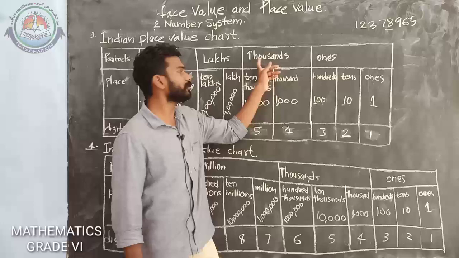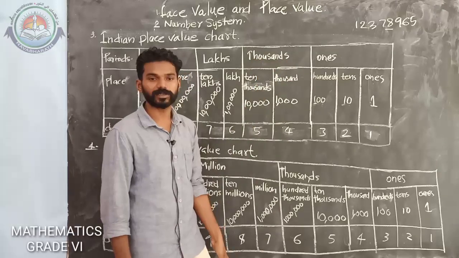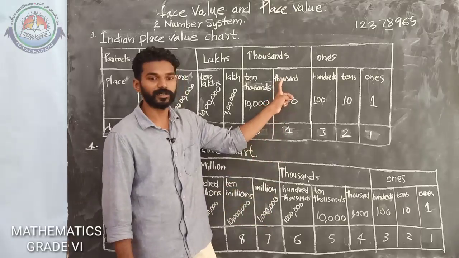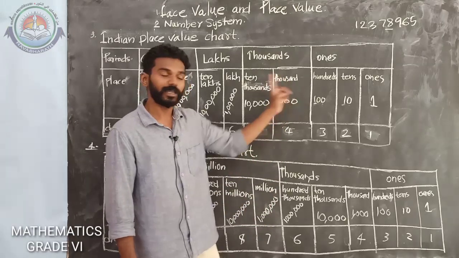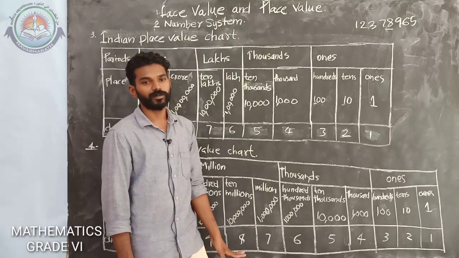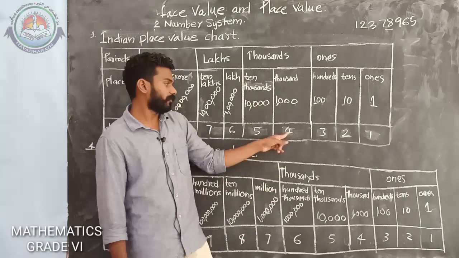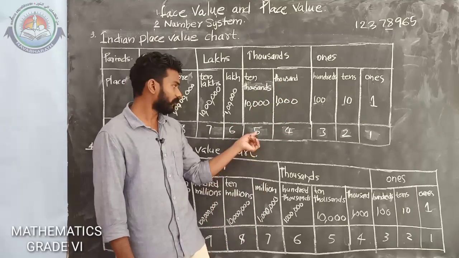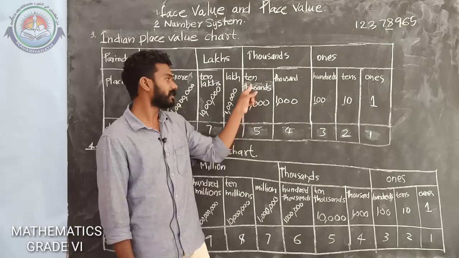In the next period, which is thousands, there are two places: the place for thousands and the place for 10,000s. The fourth place represents thousands, and the fifth place represents 10,000s.